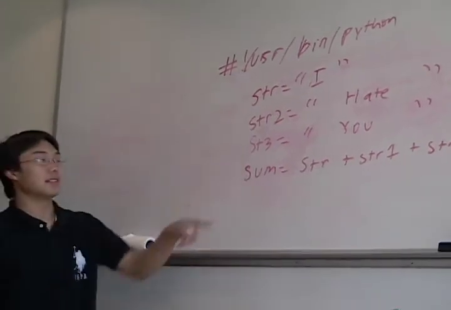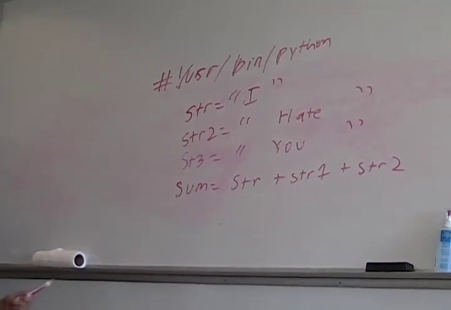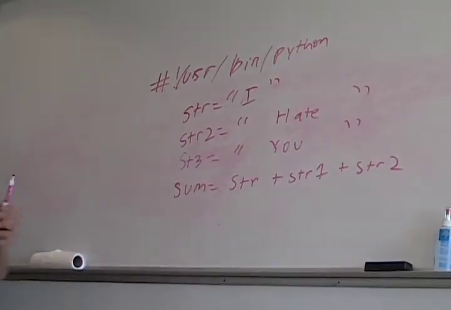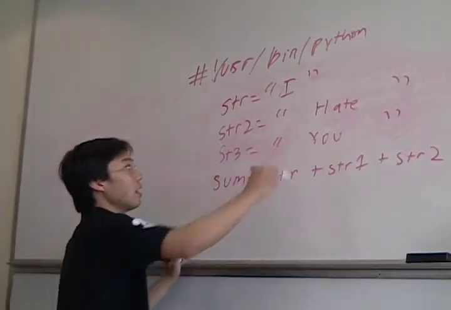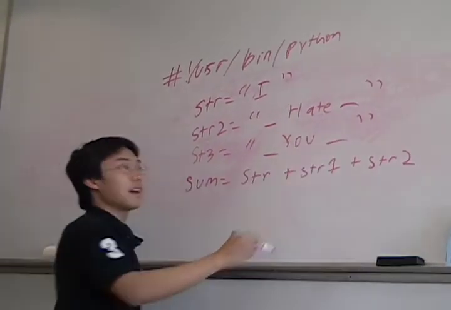What would I get, basically? I hate you. If you do a plus on a string, it's just going to concatenate, merge, or combine them. So it's going to be I hate you. You'll notice that I actually put a space here. That counts as a string.